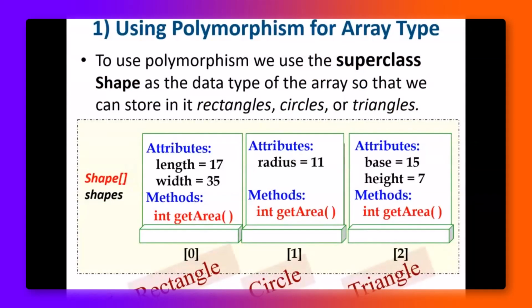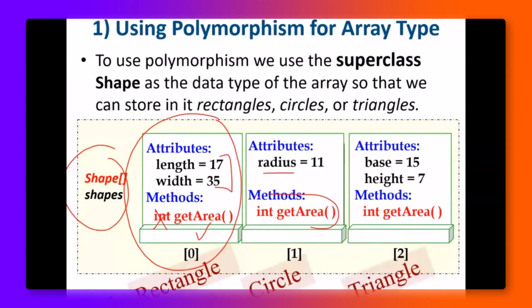Let's see here. Our array contains shapes. In the first place in the array, we have a rectangle, and it has two unique attributes, length and width, and then we have a getArea method. This should be double. And here we have a circle. It has also a getArea method. Here we have a triangle. It has also a getArea method.